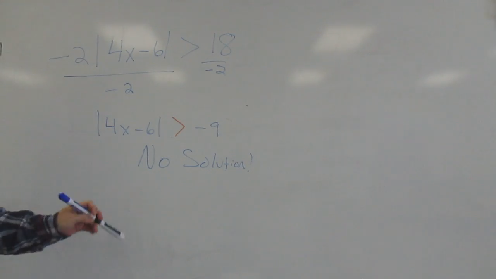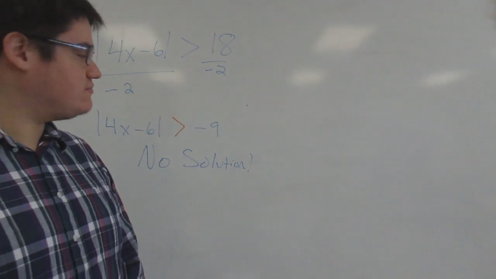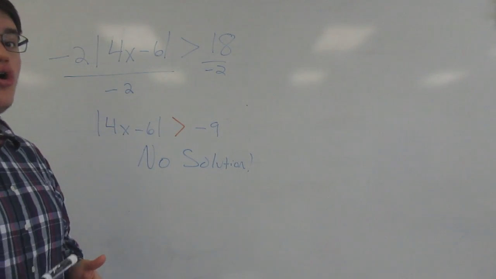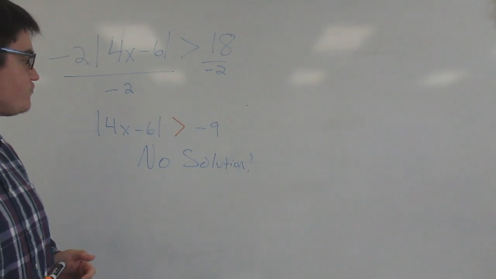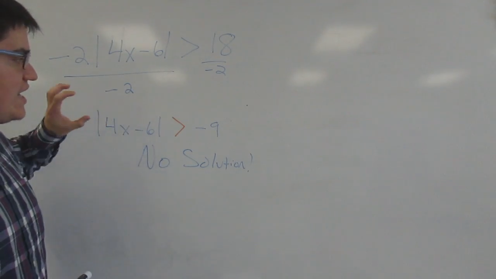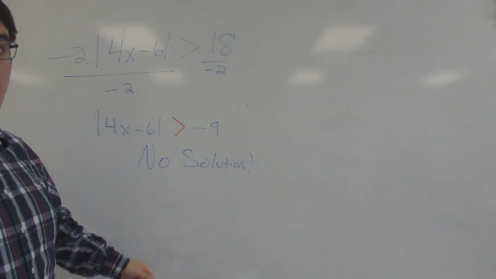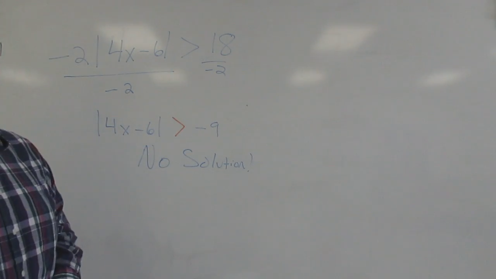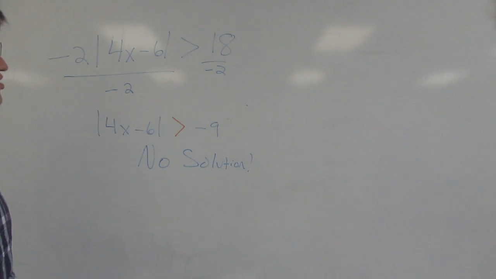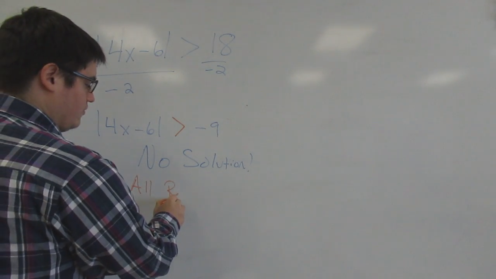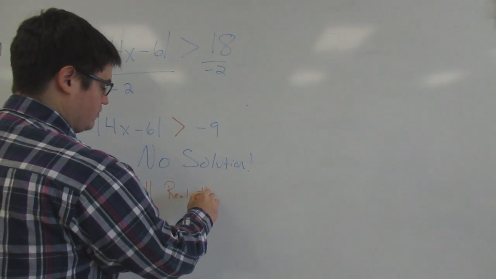Well, since the absolute value of a number is always positive, it will always be greater than negative 9. So our answer in this case would be all real numbers.